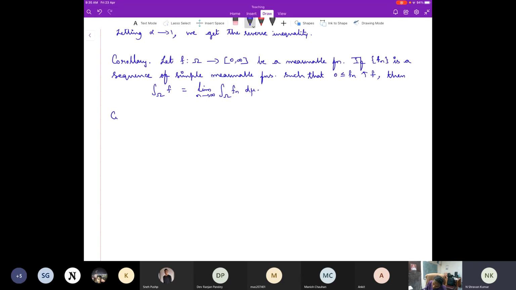Alright, so again, as a corollary to this, what do we have? Let f, g from omega to [0, infinity] be two measurable functions.